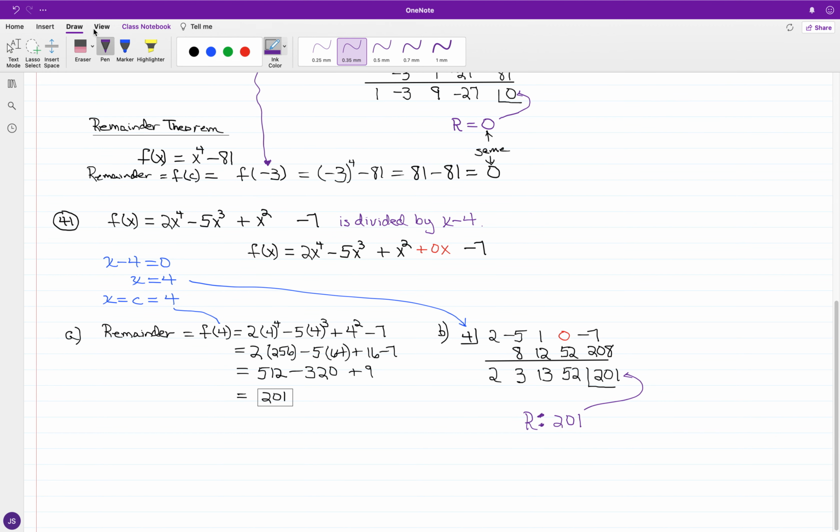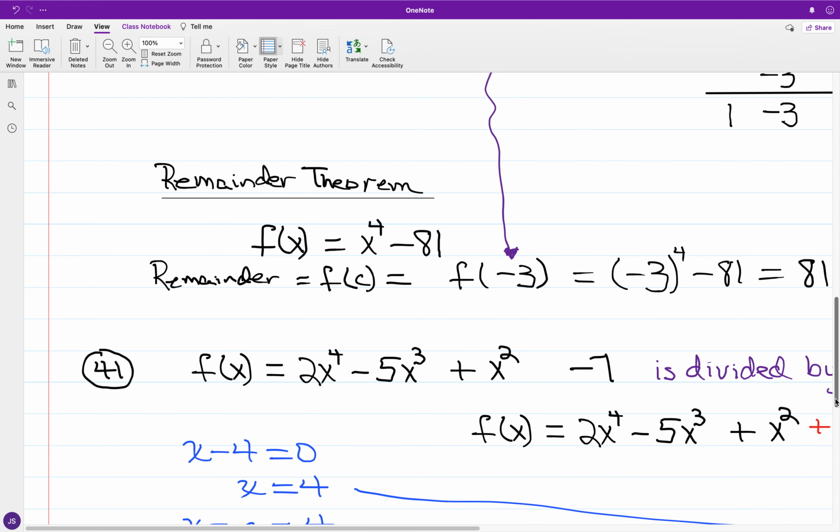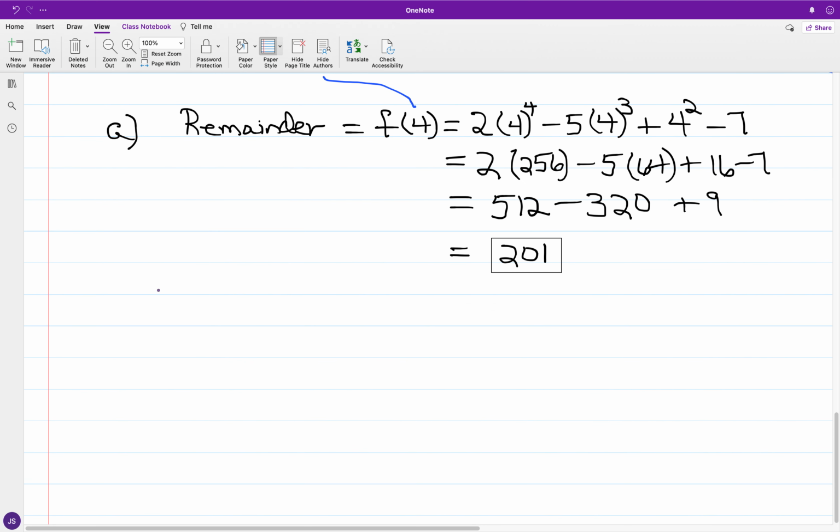Now, in the case of number 42, you have a polynomial, and this time we're going from f of x to g of x.